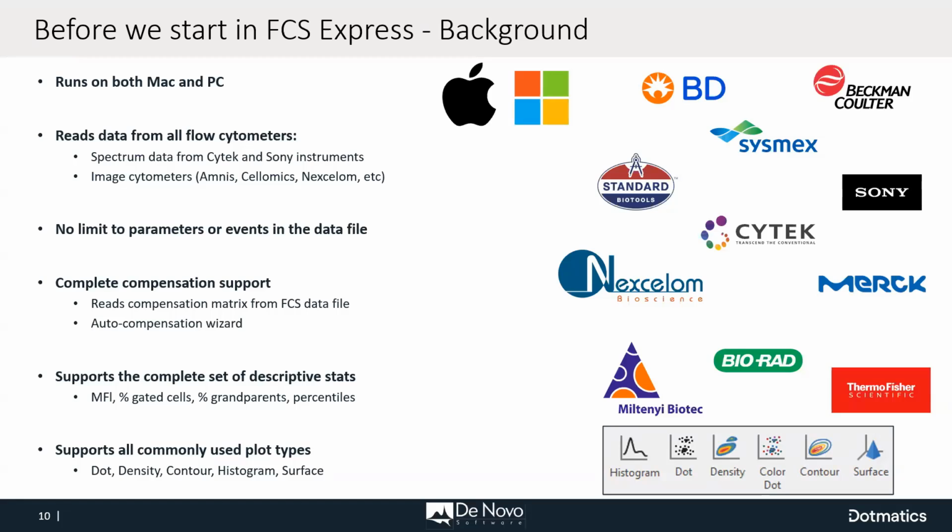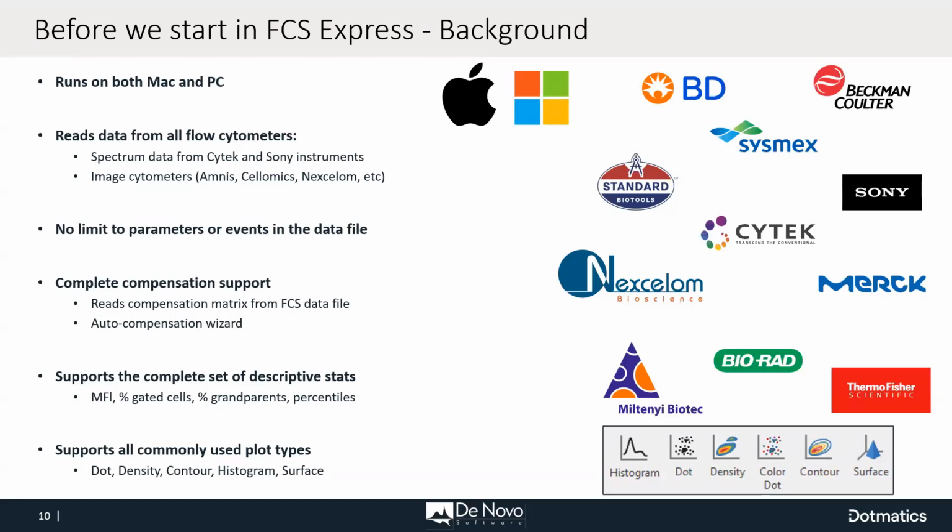So if you're working with Amnis, with the Cytek imaging cytometers, with Thermo CytPix imaging cytometers, or other tools, we're going to be able to handle that. There's no limits to parameters or number of events in the data. So I know somebody had a question or a comment about loading big data. Yeah, we can handle that.